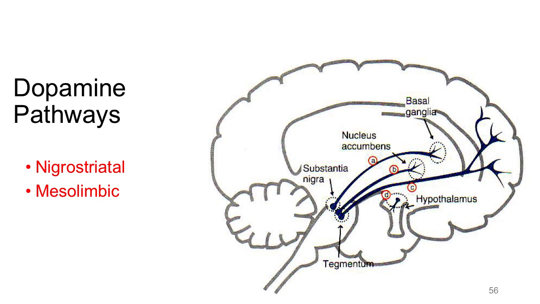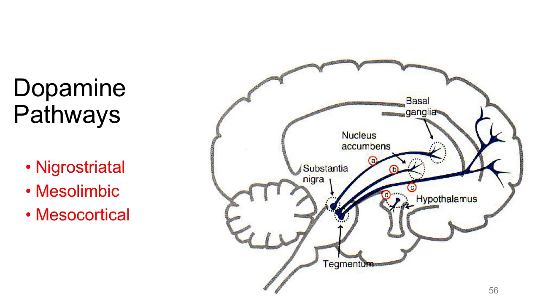The mesolimbic dopamine pathway has another target, that is the amygdala. The amygdala is important in fear, anxiety, and fear learning. The mesolimbic pathway is thought to be overactive in patients with schizophrenia. This overactivity is thought to contribute particularly to the positive symptoms of this disorder.